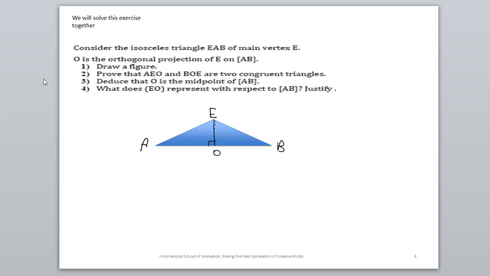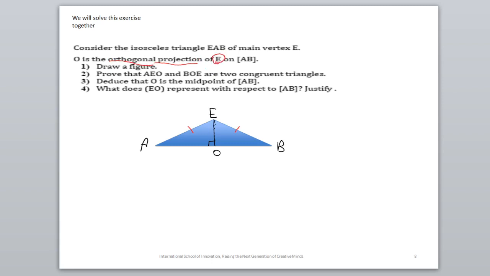So let's continue. Consider the isosceles triangle EAB of main vertex E. So this is an isosceles triangle EAB of main vertex E, which means that this side is equal to this side. Clear? O is the orthogonal projection of E on AB. What do you mean by the orthogonal projection?